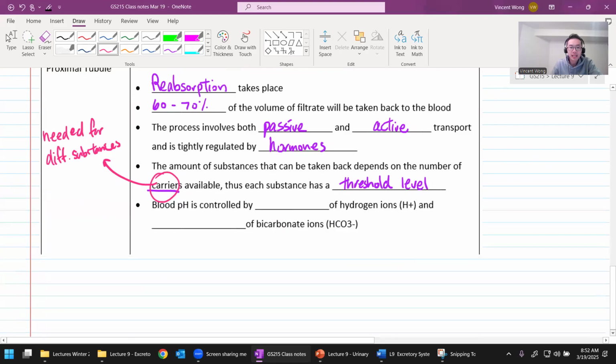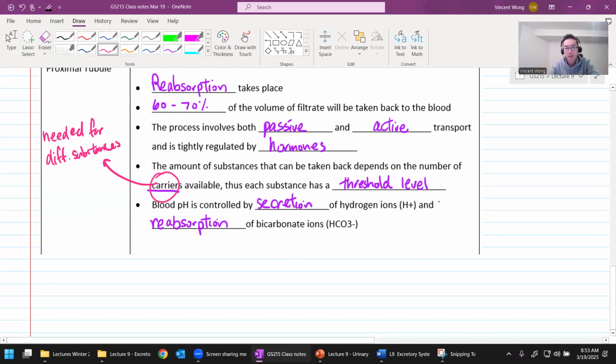And we ended the lecture by talking about regulation of blood pH, which is controlled by secretion of H plus and reabsorption of bicarbonates. By doing this, you can increase the pH. If you want to decrease the pH, you would do less of this.